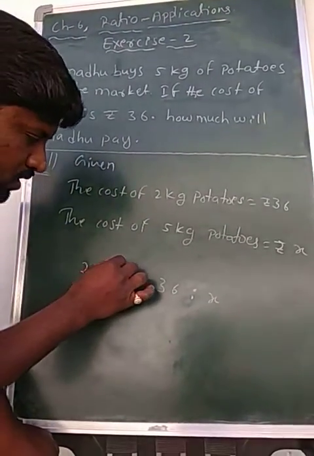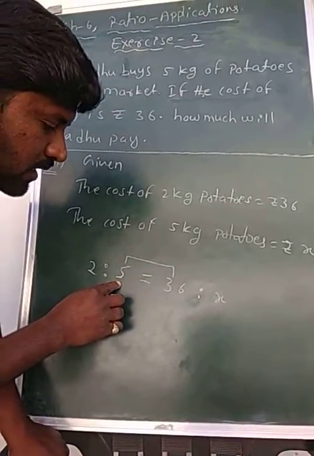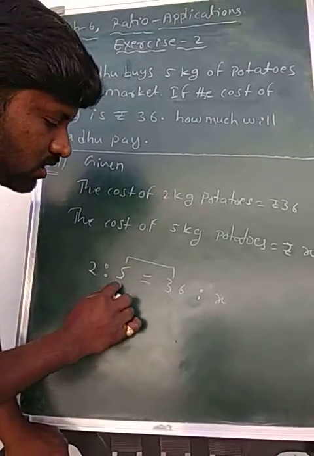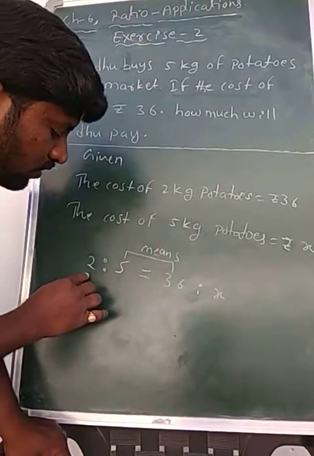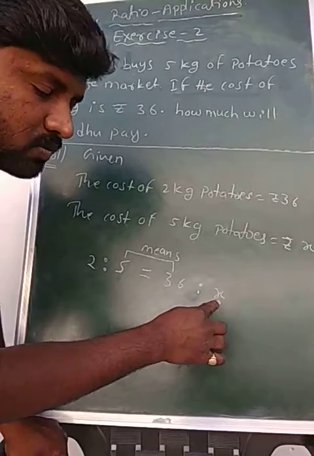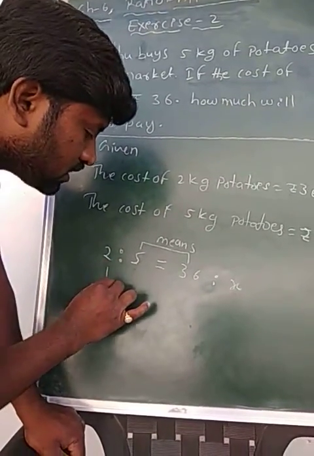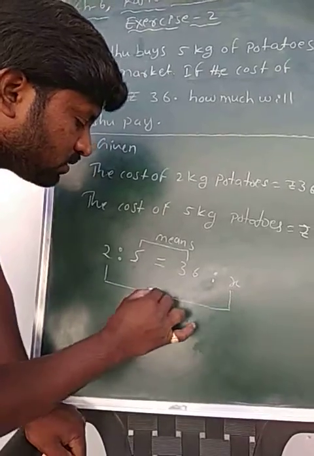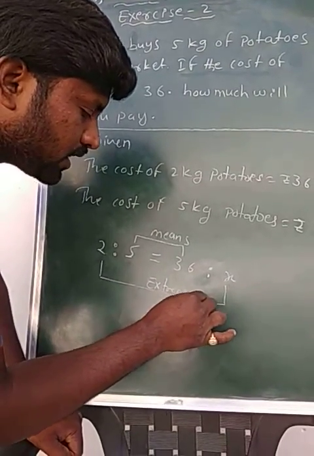Now see, I already told that the second term and third term are called means. The first term and the fourth term are called extremes.